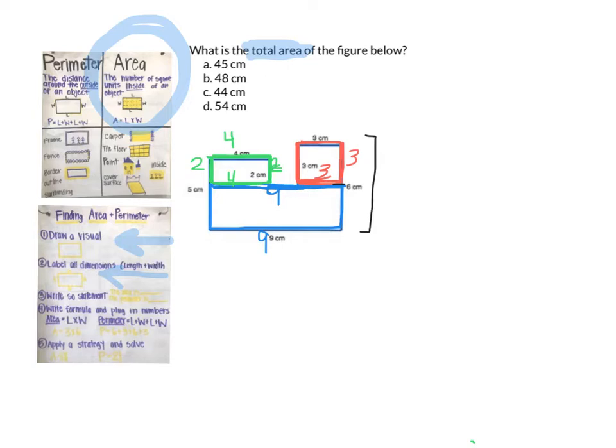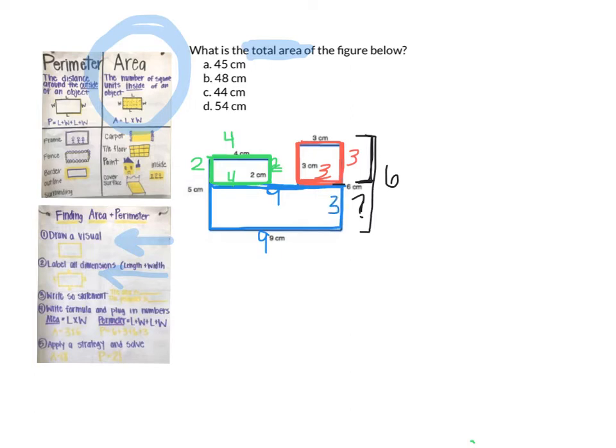Okay, so if I knew that this whole side length was 6, and I know that this part is 3, I can solve for my missing side length here. I've got 2 parts and a whole, so I can take 6 minus 3 and get my missing side length, also 3.